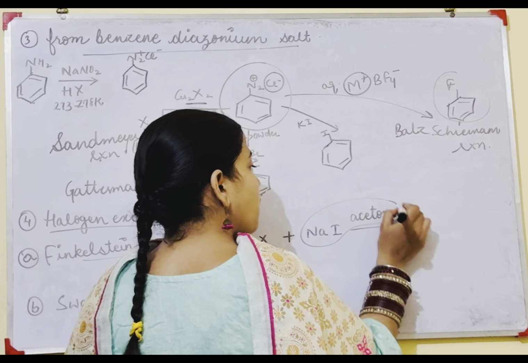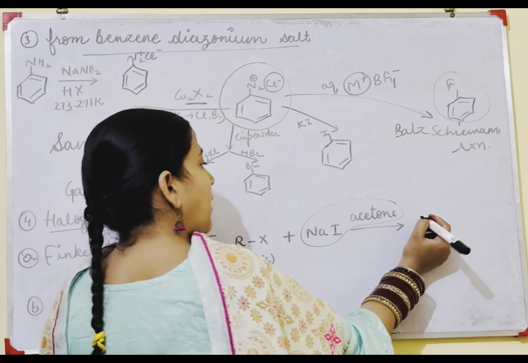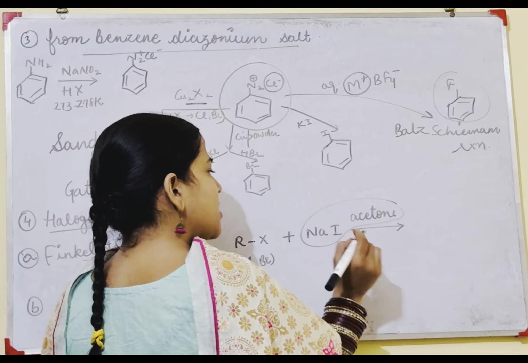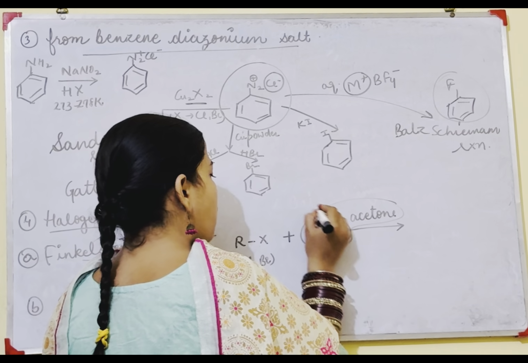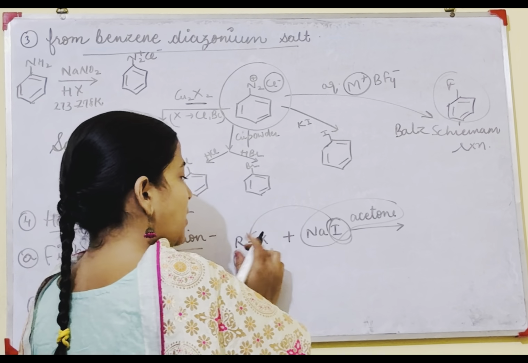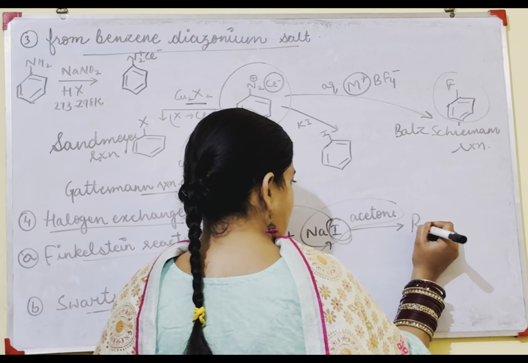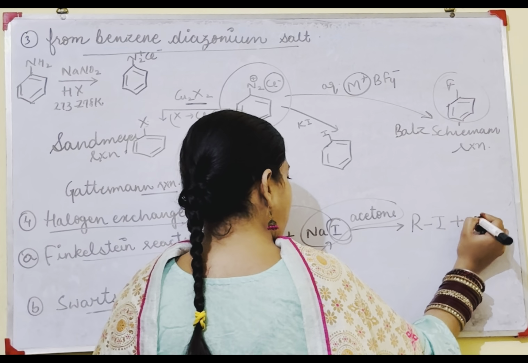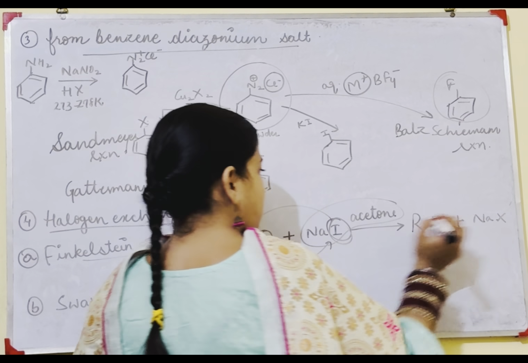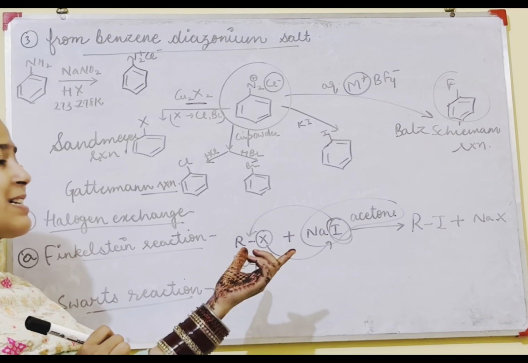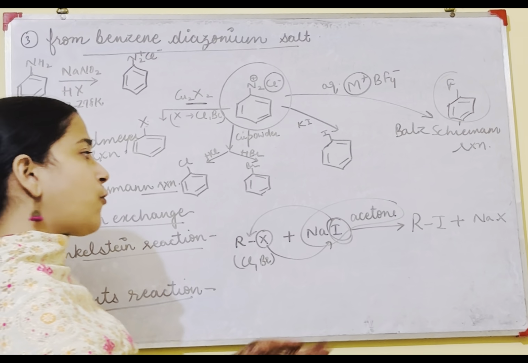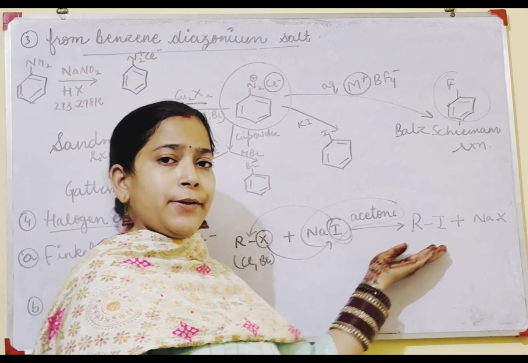This is the reagent for the Finkelstein reaction. And what will it form? This halogen will be removed from here and join with the alkyl halide, and the iodine will come here. It becomes RI, alkyl iodide, plus NaX. This is the Finkelstein reaction for the formation of alkyl iodide.